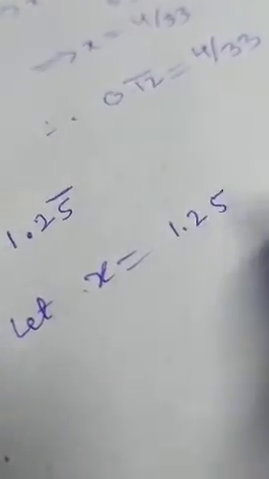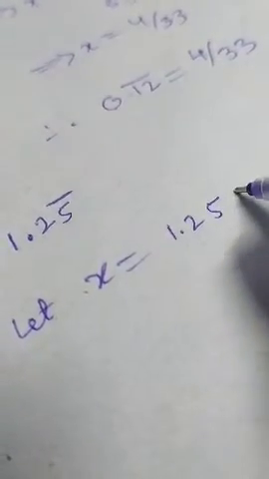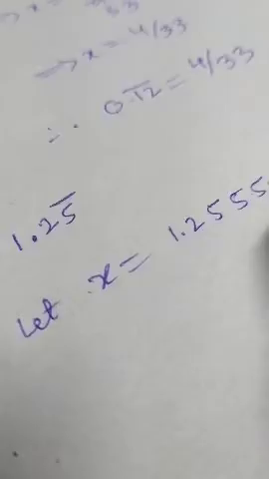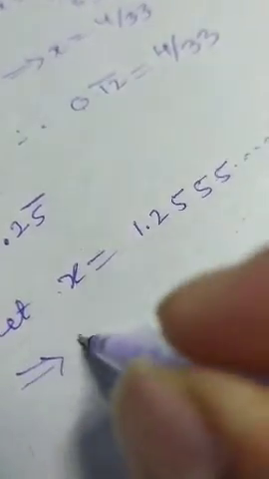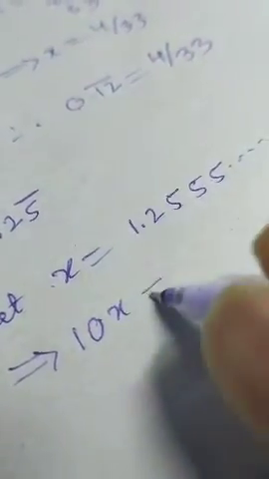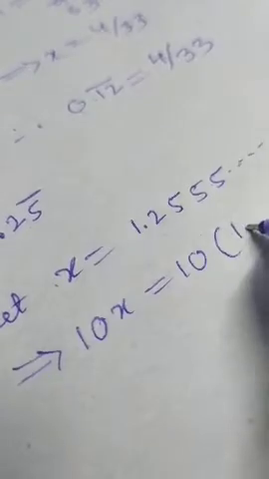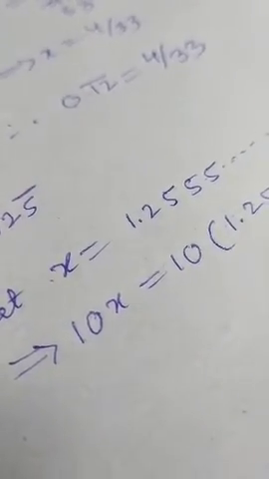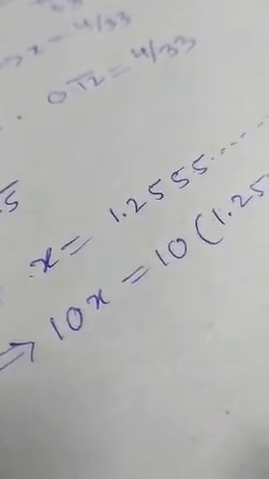1.25. So I will remove the bar. When you are removing the bar, continue this number. 555 you will get again and again. So how many digits are repeating here? Only 5 is repeating, only one digit. So I will multiply by 10. 10x is equal to 10 into 1.255, and so on.